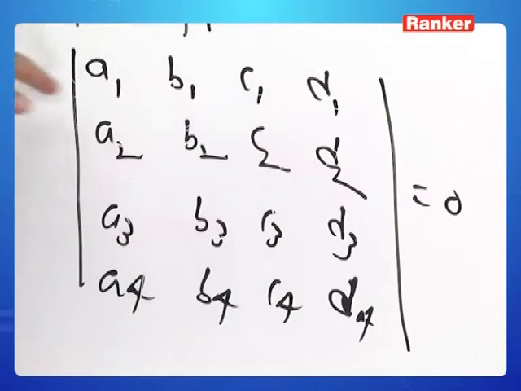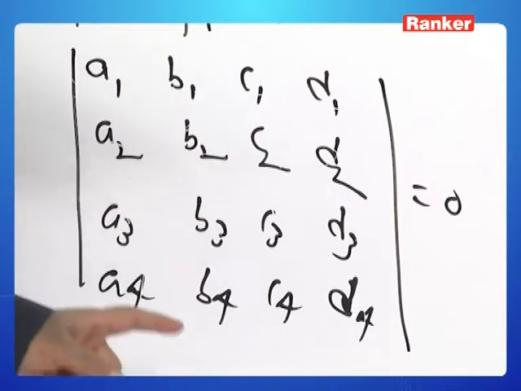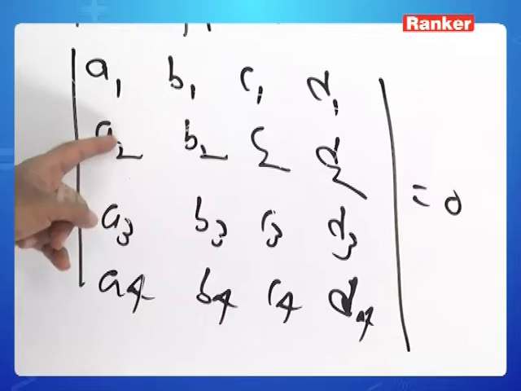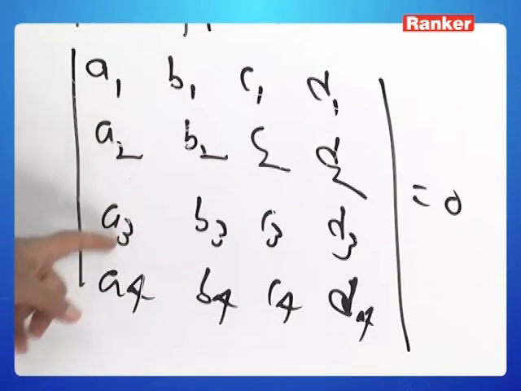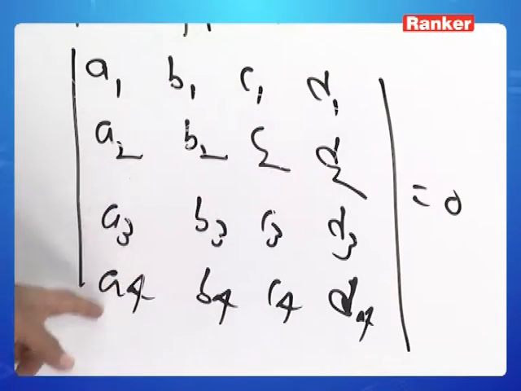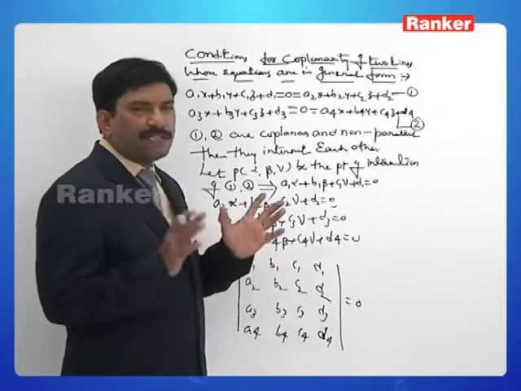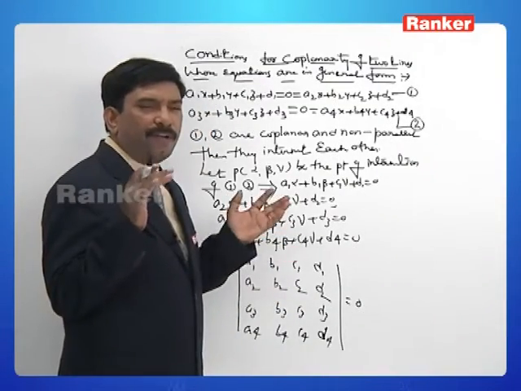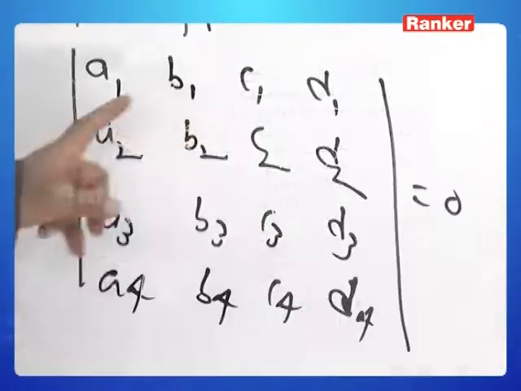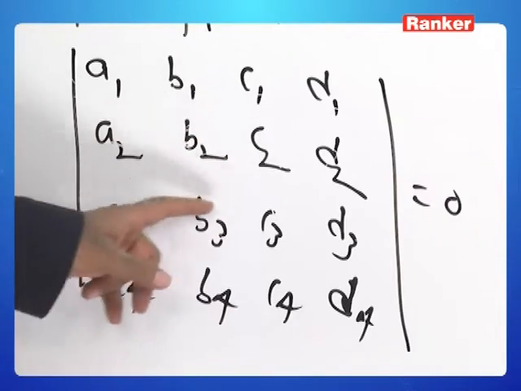C1 into, neglect this row and the third column: A2, B2, D2; A3, B3, D3; A4, B4, D4. Next, D1 into (-1) to the power 1 plus 4, it's a minus, so A2, B2, C2; A3, B3, C3; A4, B4, C4. Expand it.